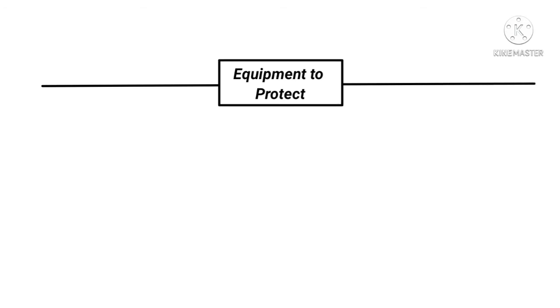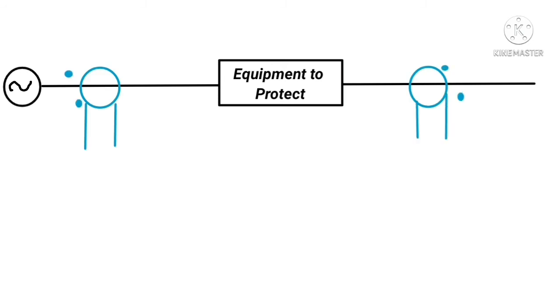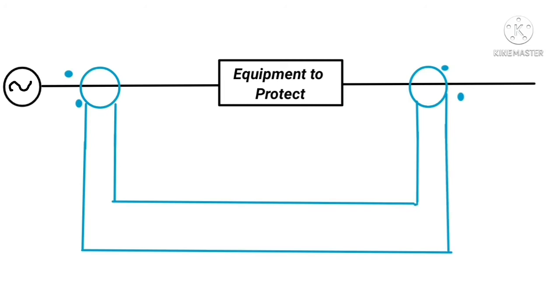This is the equipment to be protected with differential protection, a source feeding the equipment, again two CTs with dot terminals. The CT secondaries are connected in this manner, with the relay in between the interconnecting wires. Now let's consider that a ground fault appears at this location outside the equipment, and IF is the fault current.